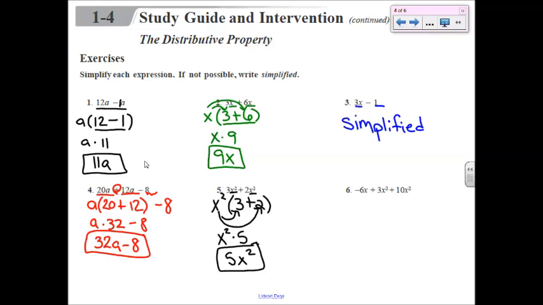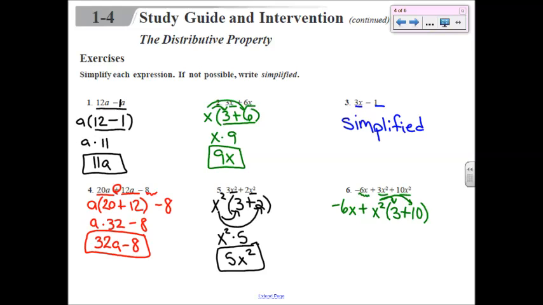Number 6, I have x, and then x squared and x squared is my variable. The x doesn't have the exponent of a 2, so it can't be combined with the x squareds. So it'll have to stay outside. So 6 minus 6x, and then I'm going to pull out the x squared, like I've been doing, and 3 plus 10 I'm left with, because I could multiply that through and have 3x squared and 10x squared.